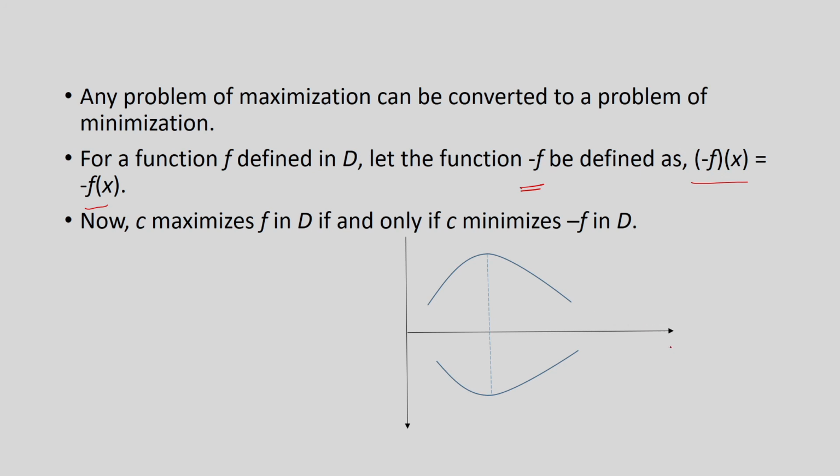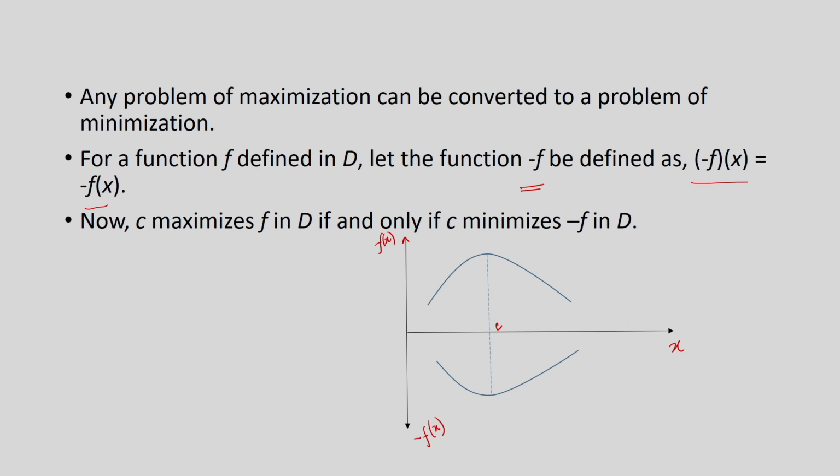So, here you have the x variable along this axis and this is f(x), and here is, suppose, c. And this is minus f(x). So, you have the mirror image of this graph in the fourth quadrant.